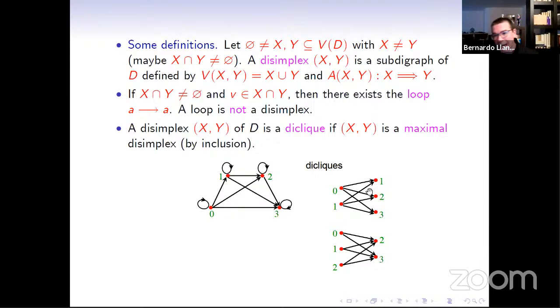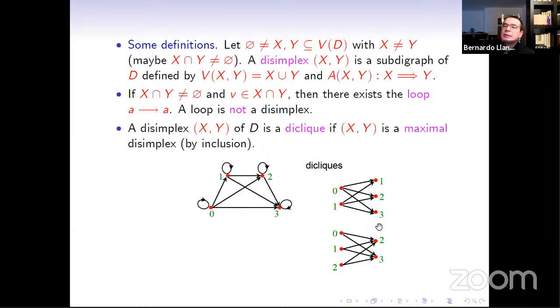I drew it in the bipartite way, but really it is this arrow. I consider this arrow in two sets. So we have two dicliques. It is really difficult at the beginning to realize that the dicliques have this form, but after a while you get accustomed.